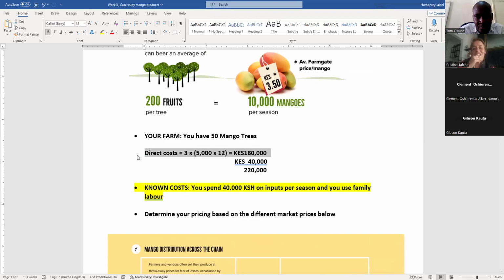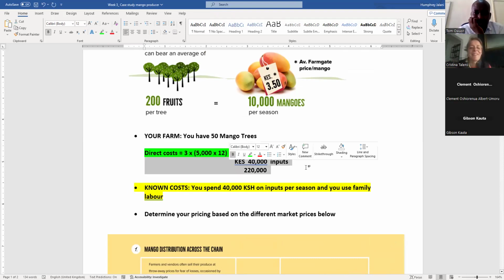And that came to a total of 180,000 plus 40,000 for inputs. We came to a total of 220,000 Kenyan shillings. So we divide by the number of fruits, and that's where the 22 is coming from.